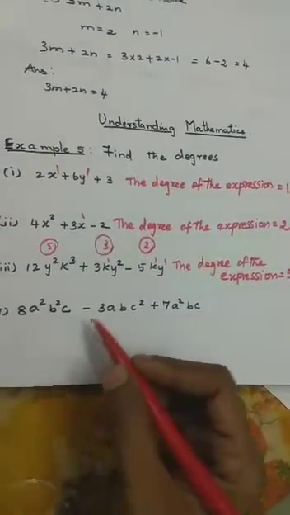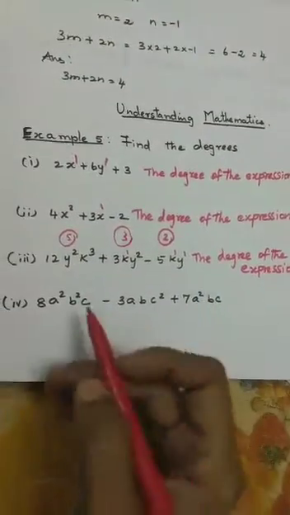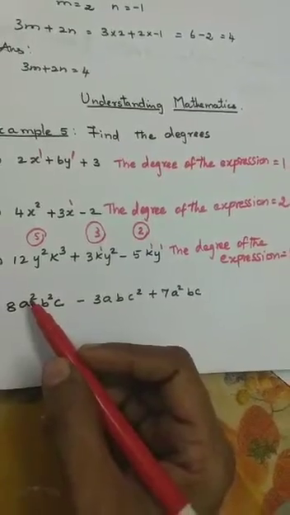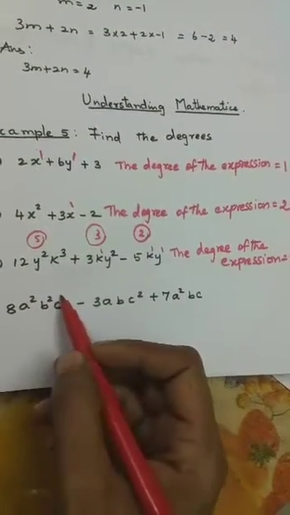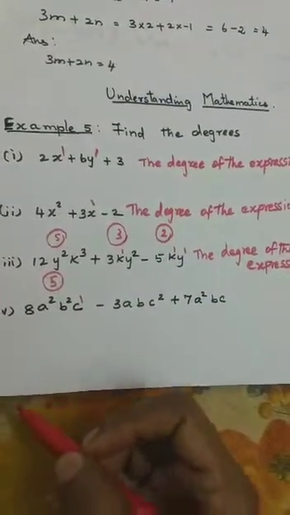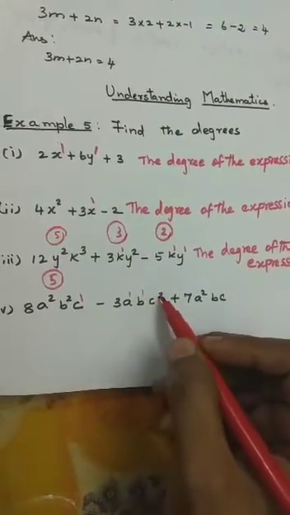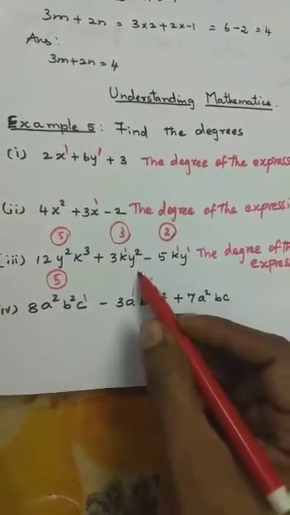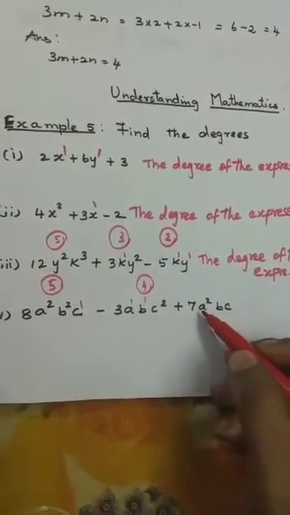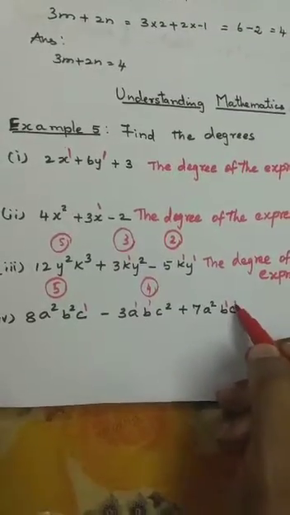Okay, next see here also we have 3 terms in this expression. First see the first term. 3 variables are here. For first one 2, 2, 4, 4 plus 1, 5. Here the degree is 5. See here 1, 1. 1 plus 1, 2, 2 plus 2, 4. The second term has degree 4. Then see the third term. A square, B power 1, C power 1.